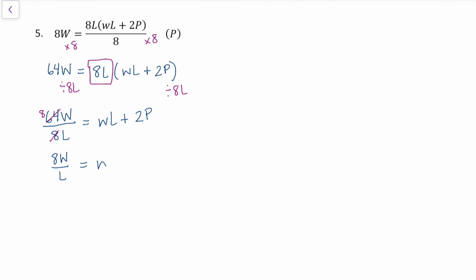And then I have wl plus 2p on the right-hand side. Now I'm going to work at getting rid of this wl by subtracting it out. So I get 8w over l minus wl equals 2p.